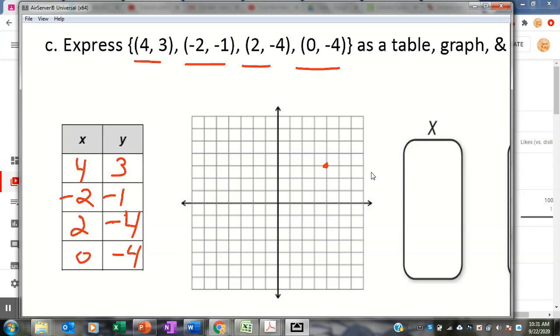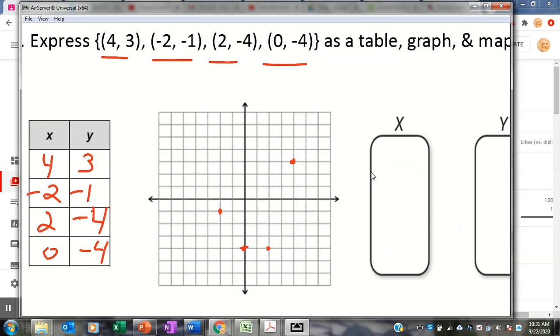So that's left 2 and down 1. The one after that is 2, -4, which is right there. And then the last one is 0, negative 4. So 0 means you do not go left or right, and then you just go down 4. And so that's the point. So there's the 4 points.